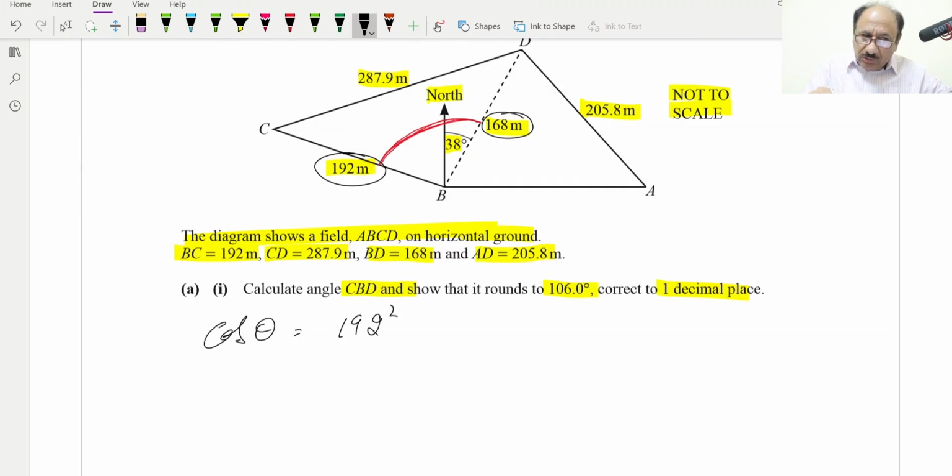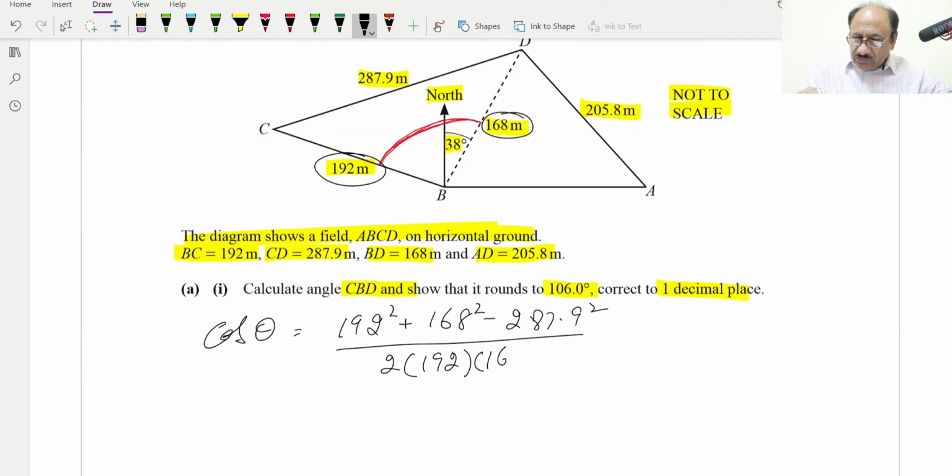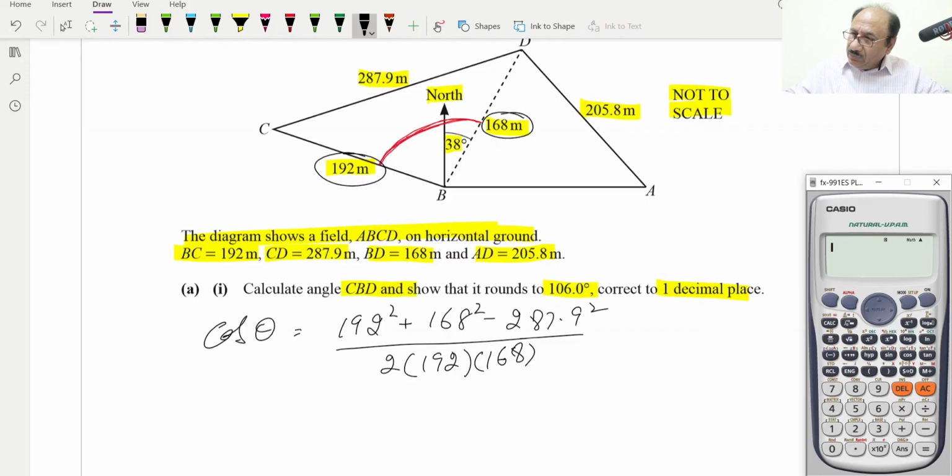So 192 squared plus 168 squared minus 287.9 squared, which is the third side squared, divided by 2 into 192 into 168.